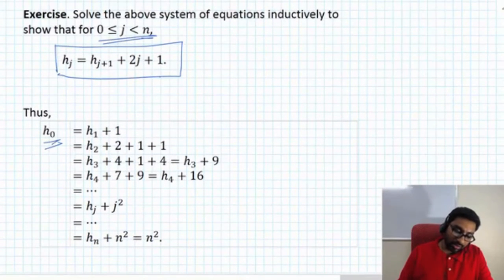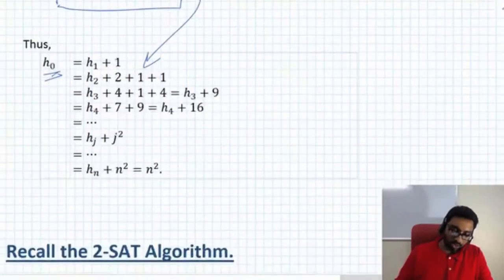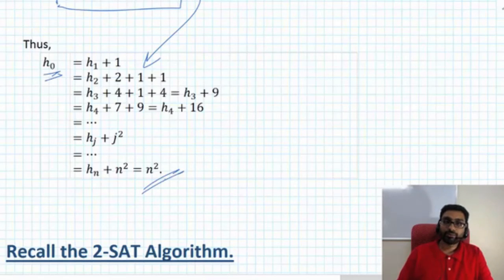But applying this formula inductively, h1 evaluates to h2 plus 2 plus 1, and so on. If we work our way, we end up with h0 equaling n squared. So what this says is, if you start at state 0 and make these random walk transitions, you will reach state n in expected n squared steps.